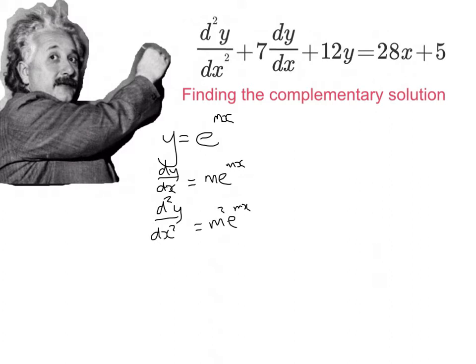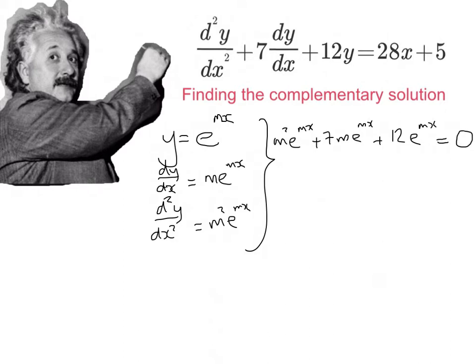We take e to the mx and put it into that left-hand side: m squared e to the mx plus 7m e to the mx plus 12 e to the mx, and we want this to equal 0. We want this complementary function to go into the left-hand side and cancel itself out and produce 0. That's what we want.